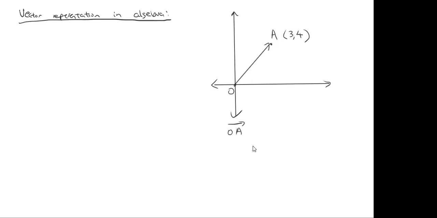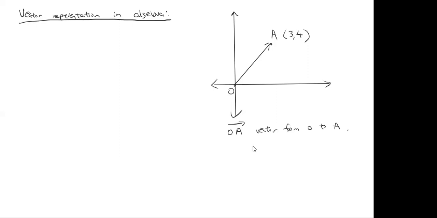And so we've got vector OA, right? Which has a particular magnitude and a particular direction, all of which we could work out. Does that make sense?